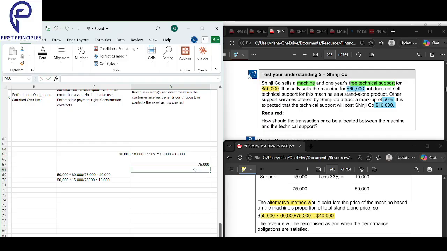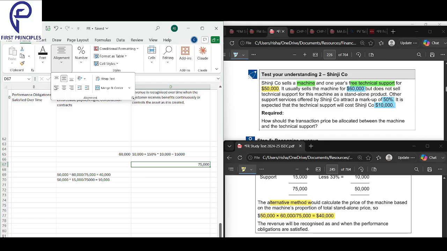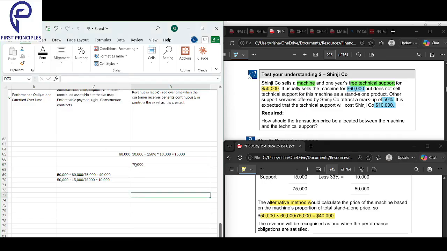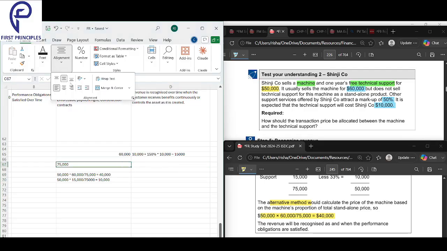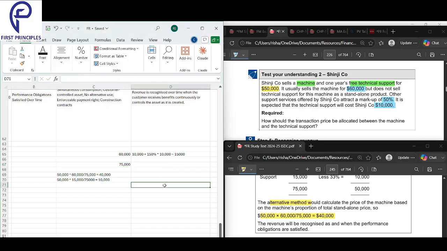So 60 and 15 is 75. We split the 75, so you split the 50,000 between the two products: 60 by 75 and 15 by 75.